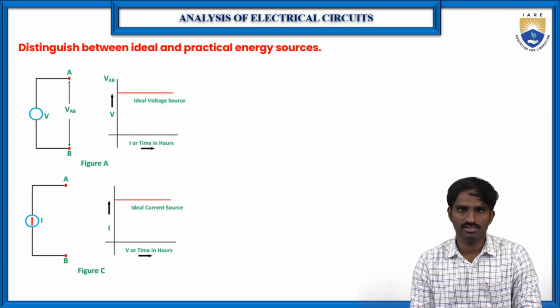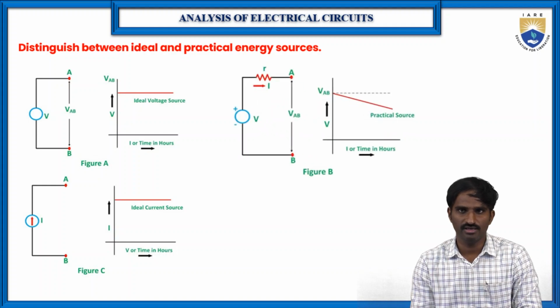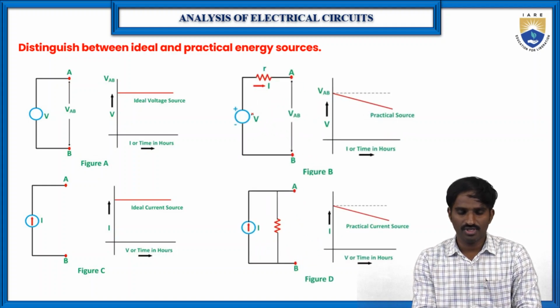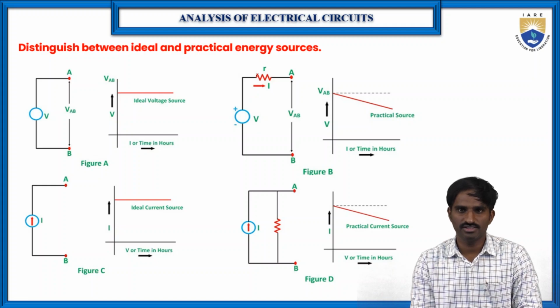Those are called ideal. In the case of practical, the voltage source has an internal resistance in series with it, and the current source has an internal resistance in parallel with it. So we can consider these the practical energy sources. This is the difference between ideal and practical energy sources.